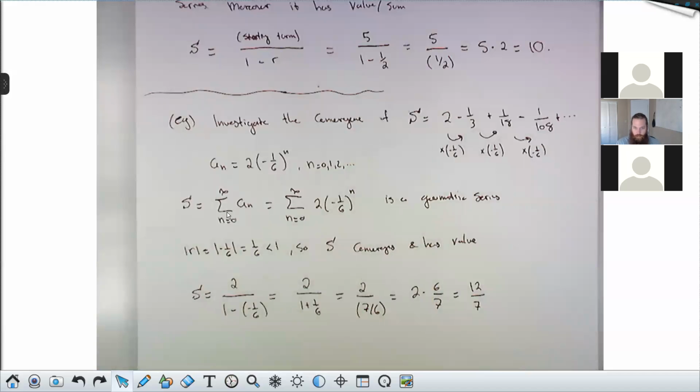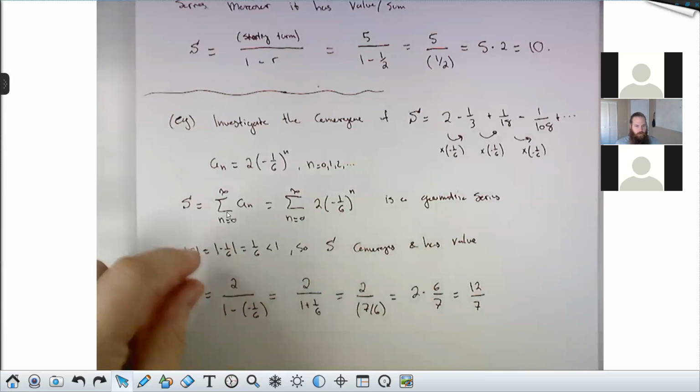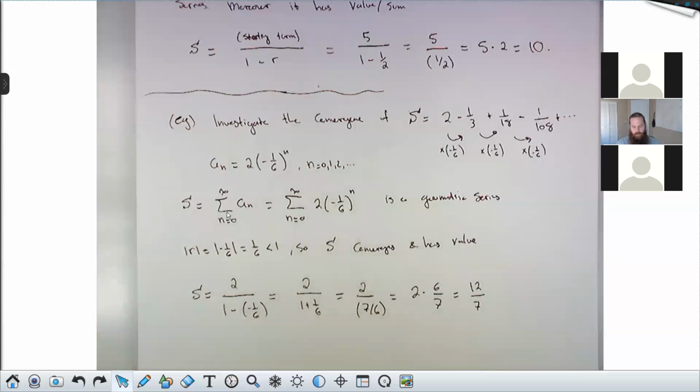They converge if and only if the absolute value of R is less than 1. And in the case where they converge, the sum is the starting term, not always 2, the starting term over 1 minus the common ratio. If the absolute value of R is greater than or equal to 1, then the series diverges, and it doesn't have a sum.